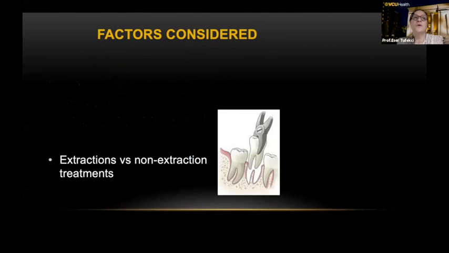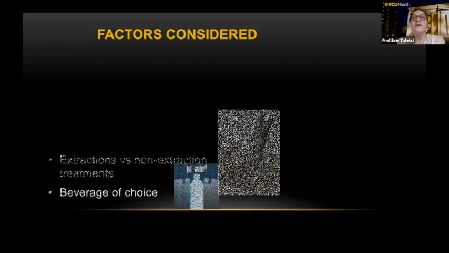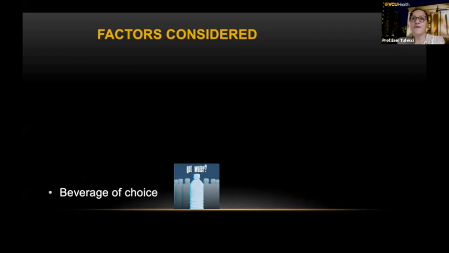Also, we noted whether the orthodontic treatment included extractions versus non-extractions. And their beverage of choice was another factor, whether these patients drank mostly water or mostly those sugary sodas.